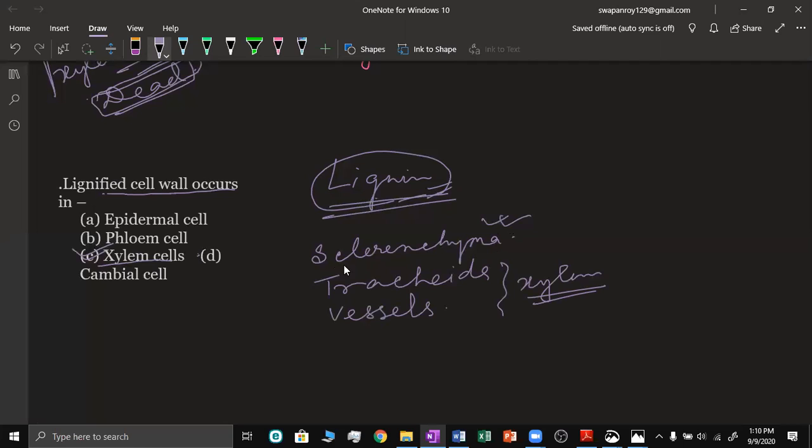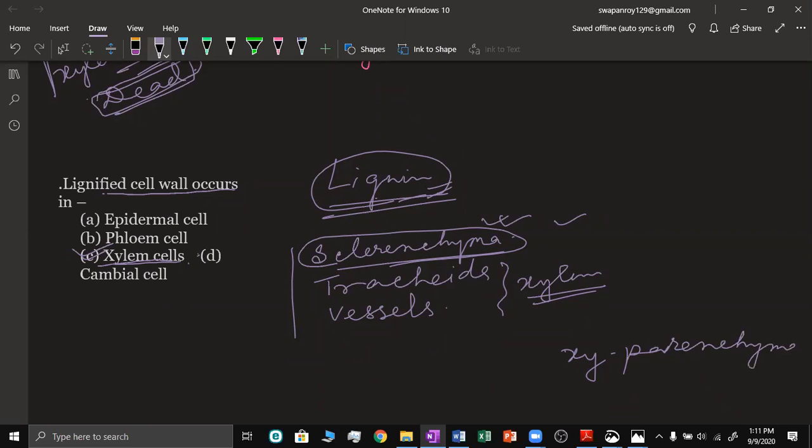Sclerenchyma tissue also is lignified. So the lignified cells in this option are xylem cells. Of course, in the xylem, some xylem parenchyma is found. That xylem parenchyma is a living cell, and it is without lignification.